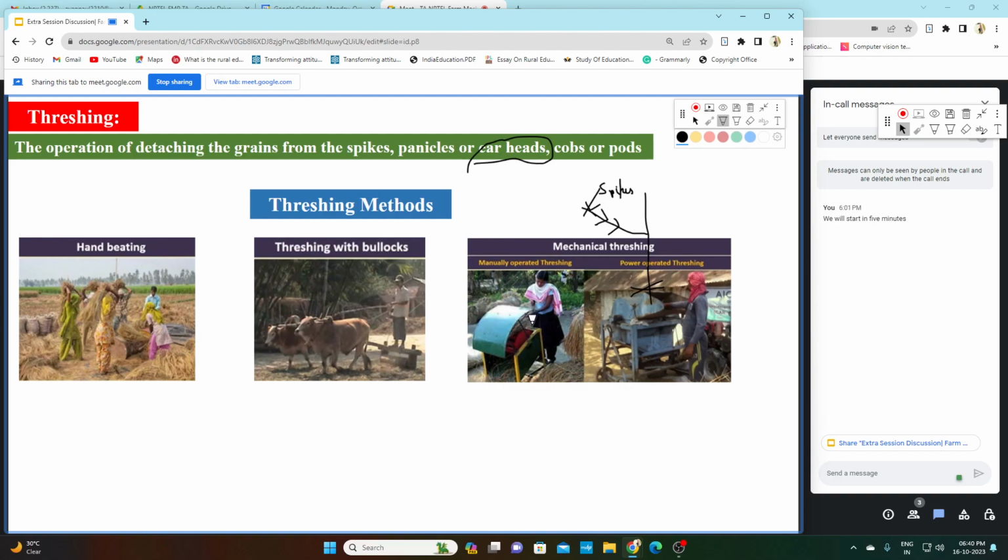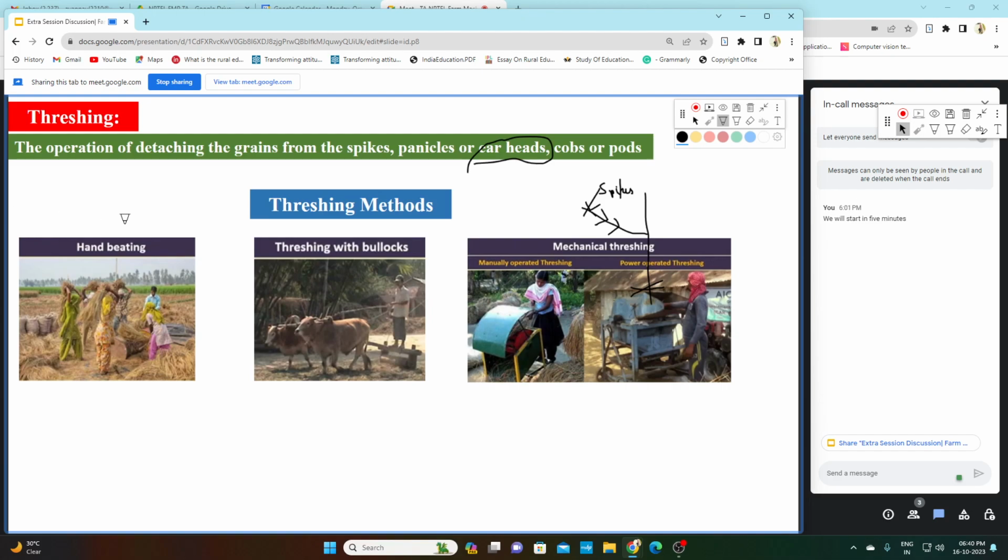So this is partly mechanical, partly manual. And we can go for entirely mechanical operation. This is a power operated thresher. What you have to do, you have to give all your unthreshed crop to this opening, and by that we can do the threshing operation.